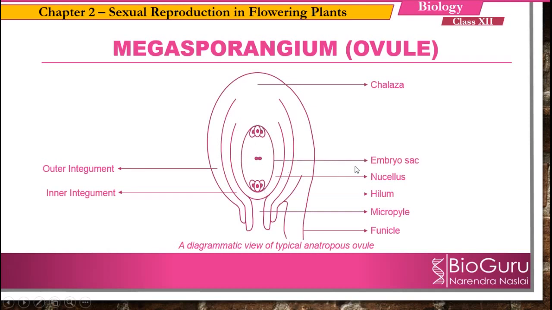It is called the embryo sac, or the female gametophyte.